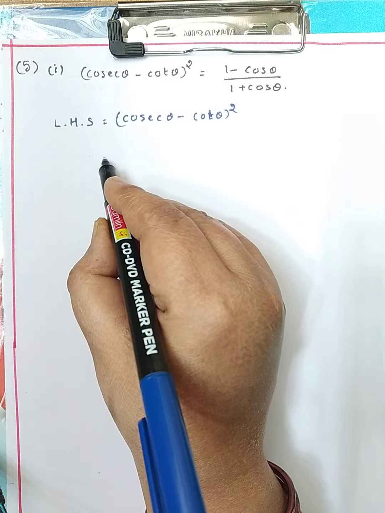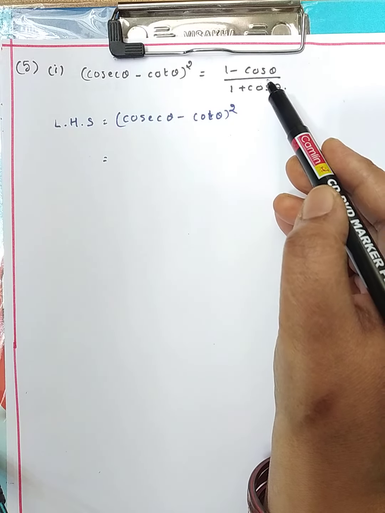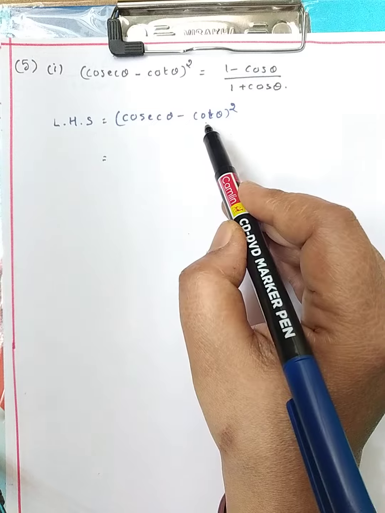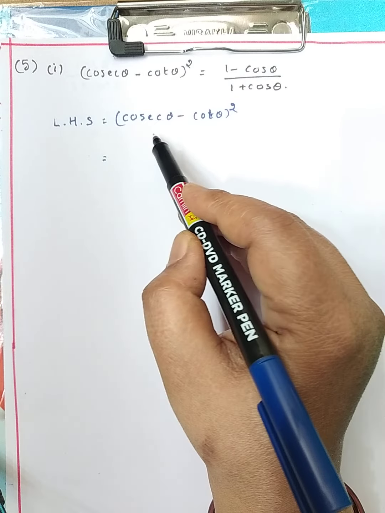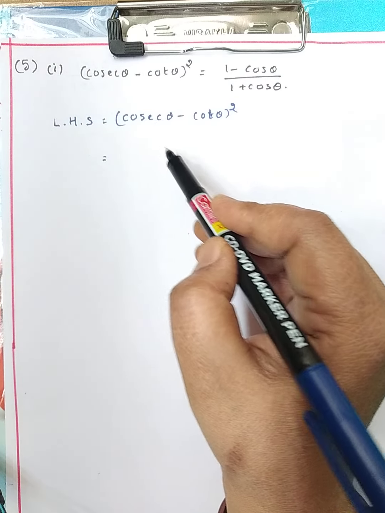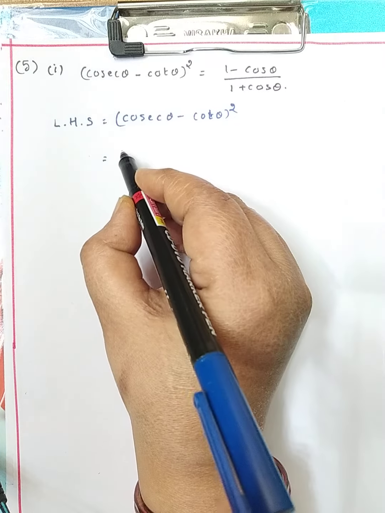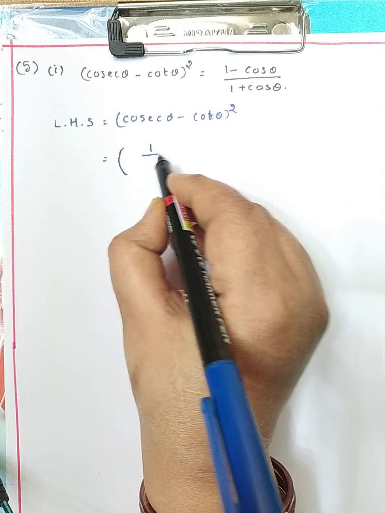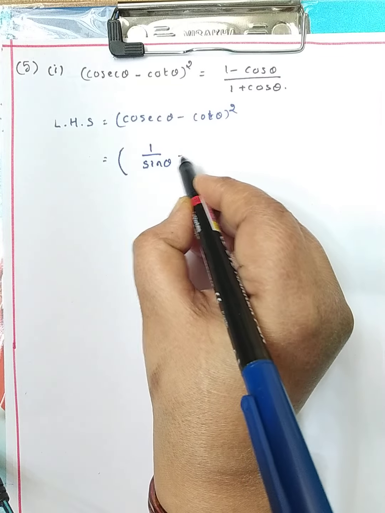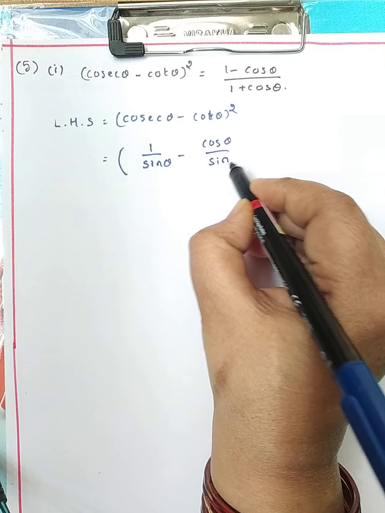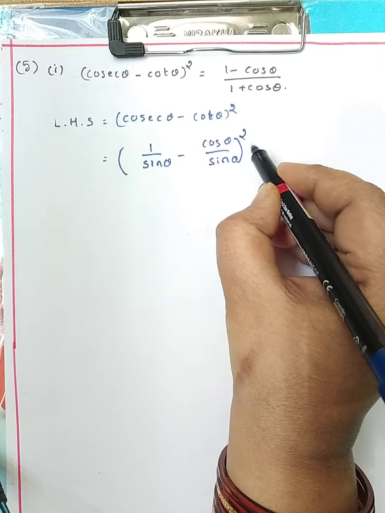In the RHS it is in the form of cos, and in the LHS it is given in cosec and cot form. So let's convert this cosec and cot into sin and cos form. Cosec theta is 1 by sin theta. Write cosec theta as 1 by sin theta minus cos theta by sin theta, whole square.